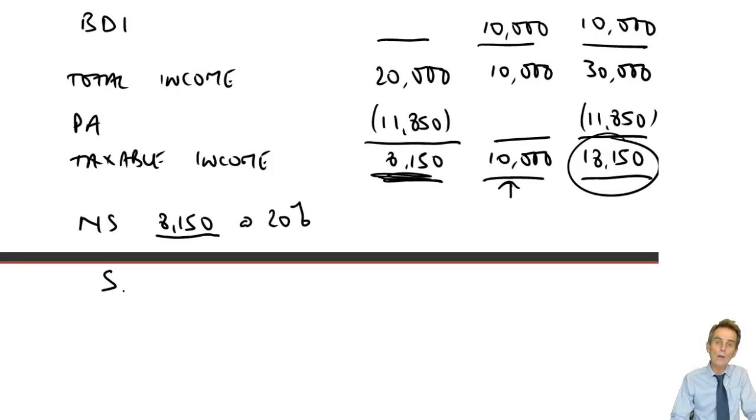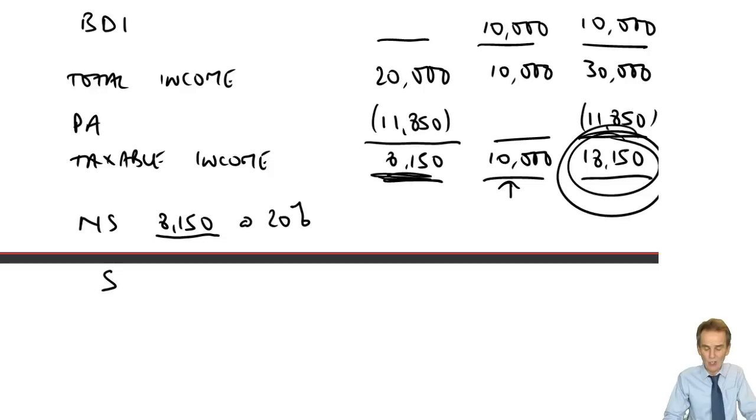Right, what level of taxpayer are we? We've got £18,150 in total of taxable income. Does that exceed your basic rate band limit of 34,500? Of course it doesn't. So in which case, you're a basic rate taxpayer. Right. If you're a basic rate taxpayer, then you benefit from the savings income nil rate band.